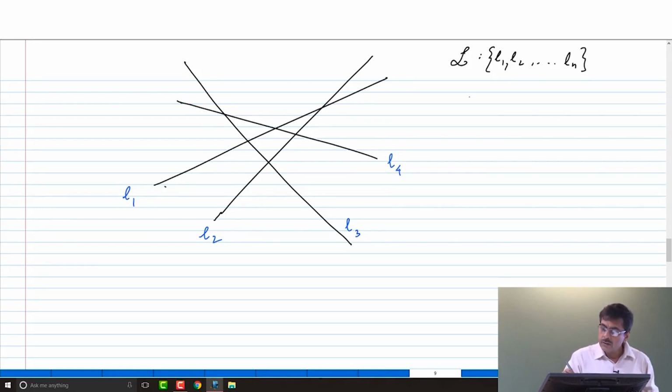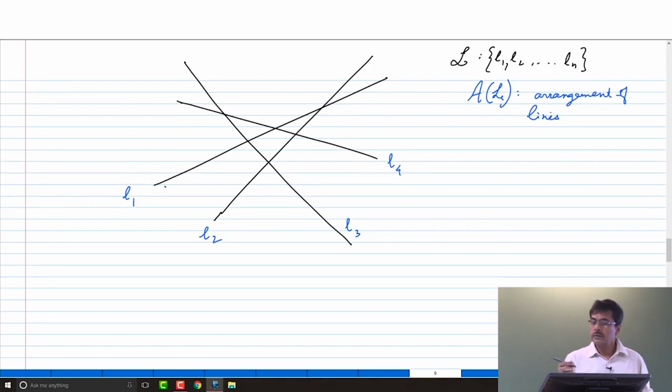So this is, let us say, A of L. I am formally now introducing the arrangement of lines. This is a structure that is called the arrangement. And what do we mean by arrangement? The arrangement essentially means that we define the structure that is induced on the plane.